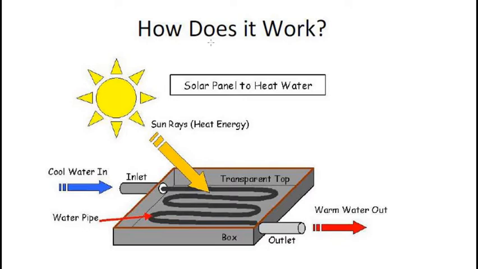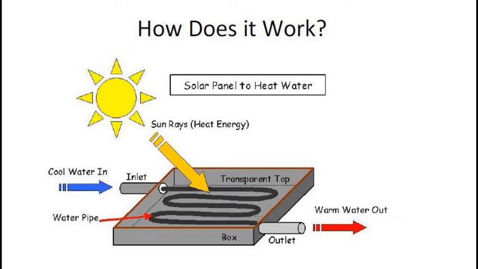Now, how does it work? Solar water heaters come in a variety of designs. The main parts are the collector and the storage tank. This is a collector, and this is a storage tank.